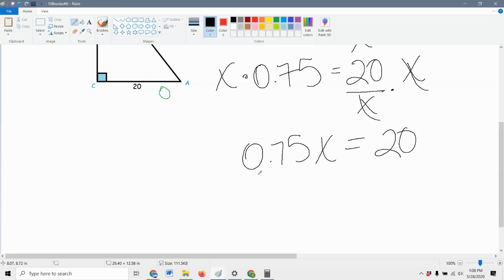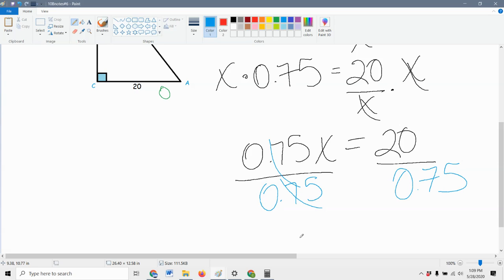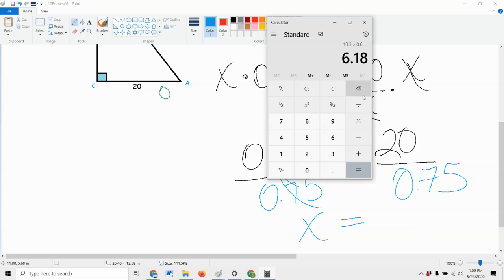Now we want to solve for x, and so we're going to divide both sides by that 0.75, because here x is being multiplied by the 0.75, and we're always looking to do the opposite operation there. And of course, always to both sides. We'll divide both sides by 0.75, and that will give us what we want, x by itself. Now, what's 20 divided by 0.75? Well, you're just going to go into your calculator and take 20 and divide it by 0.75.